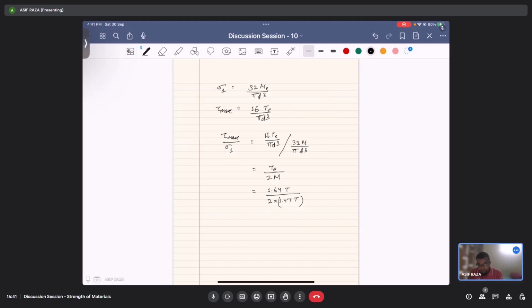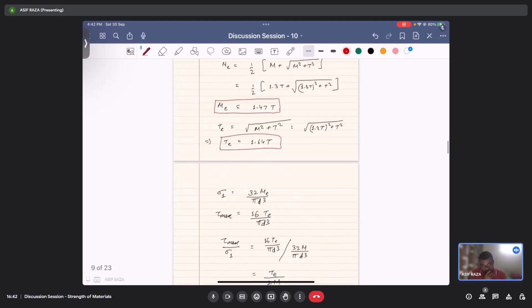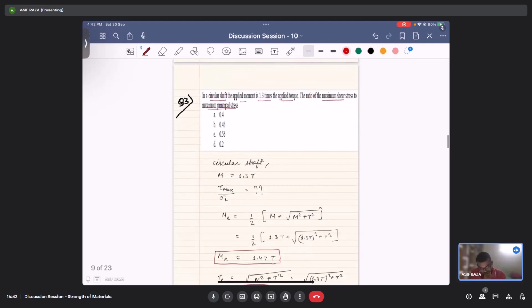So 1.64 divided by 2 and divided by 1.47, and this comes around 0.5578. So roughly we can say it's equal to 0.56. Thus if we see those options, the correct answer would be option C, 0.56.